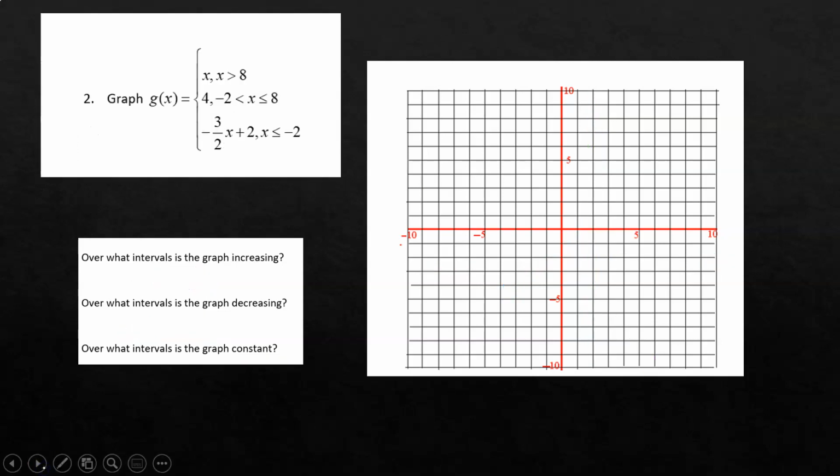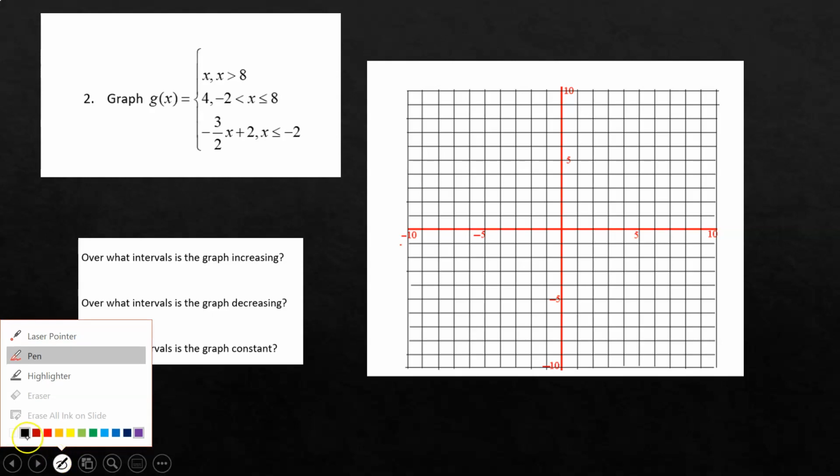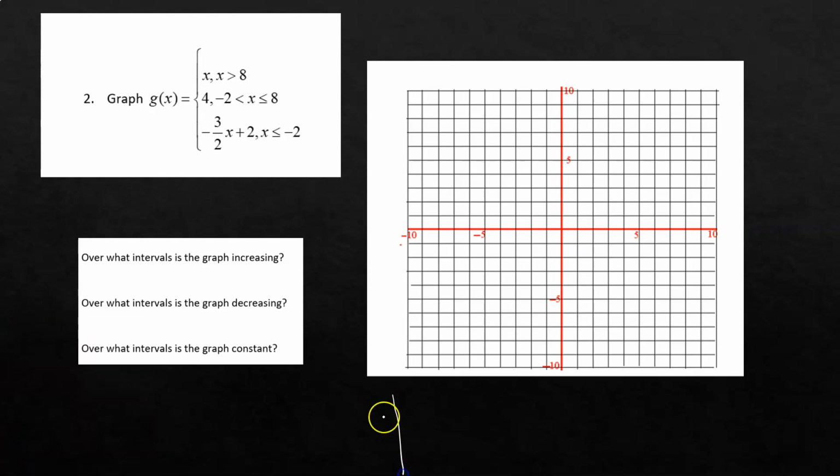So this time we have to graph 3. So graph g of x equals x, where x is greater than 8. So I'm going to pick x values. So I have 8, 9, 10. So when x is 8, y is 8, so we keep these the same. This is 10.